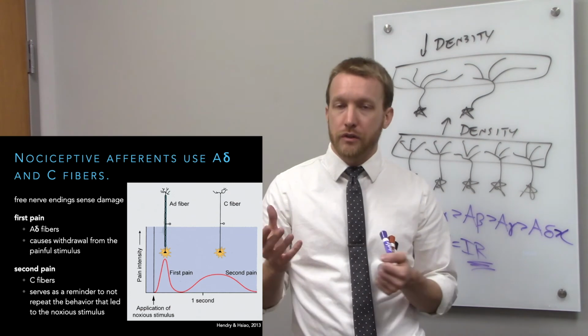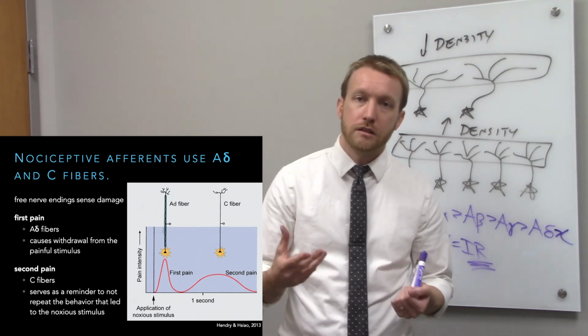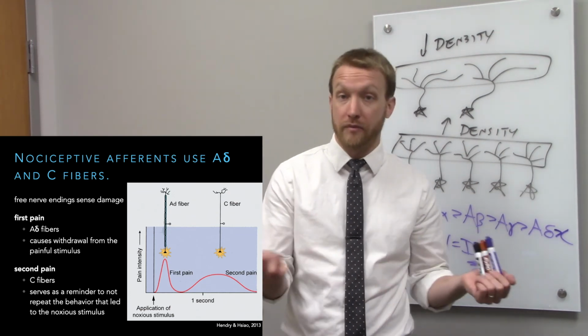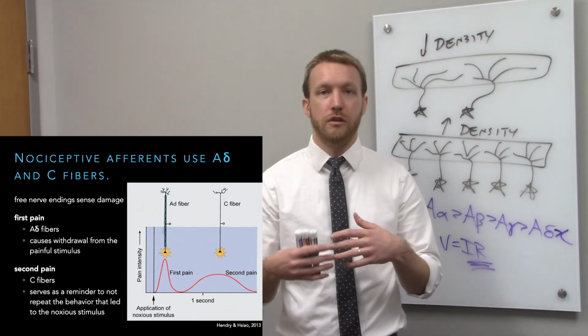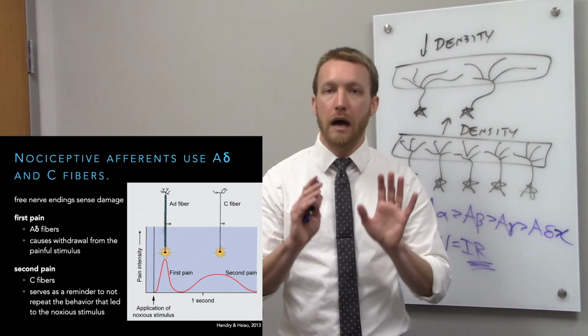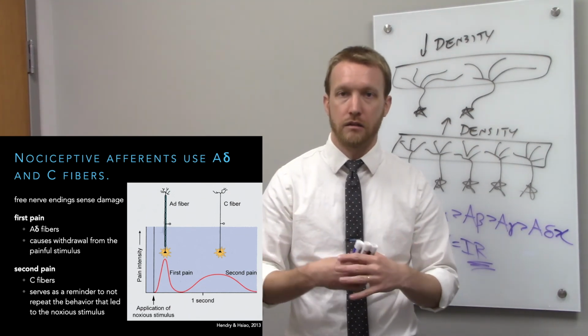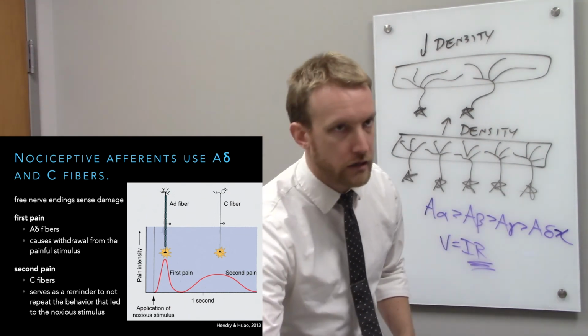But they kind of serve different purposes. A delta is there to tell you somewhat quickly that you have pain and where it is. And then the C fibers are going to provide sort of a constant reminder that you have pain. So don't use that area again, not until it's healed up.